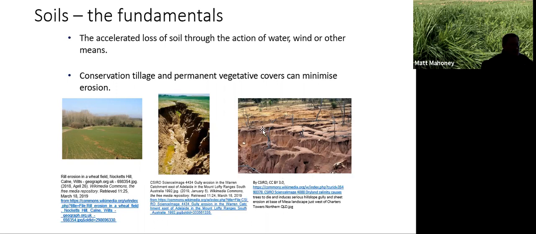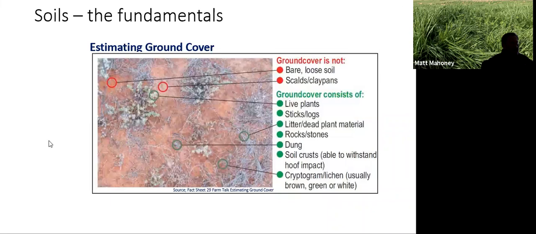But ideally, we want to try and conserve as many deep-rooted perennials in our landscapes as possible. I think that is the main take-home message. It all starts with us managing our dry matter cover, and we've spoken a little bit about that in our classes and our prep class that we had at Yea.